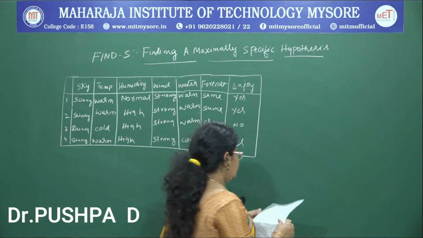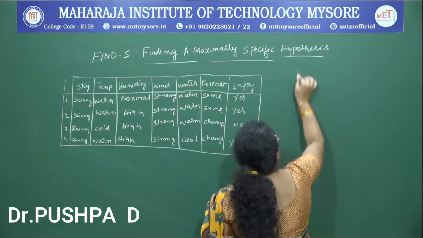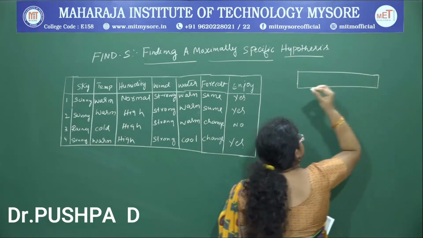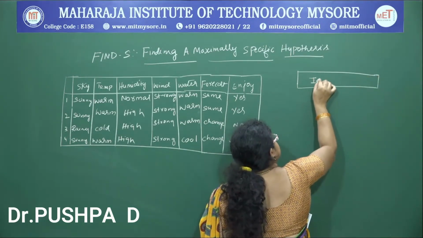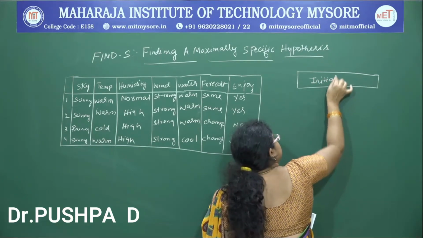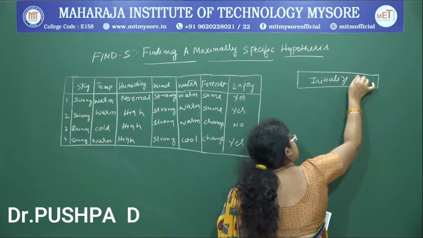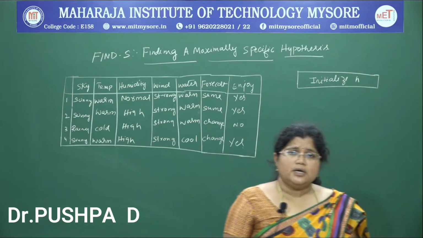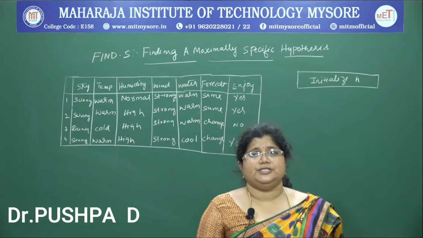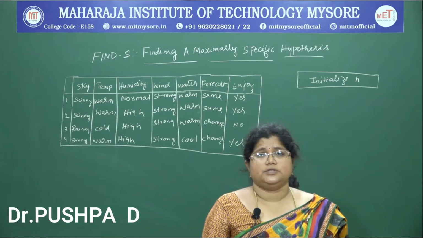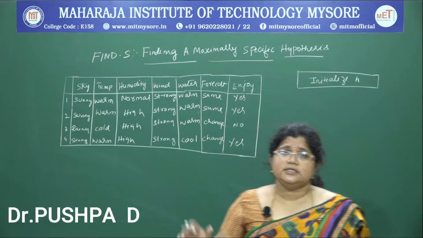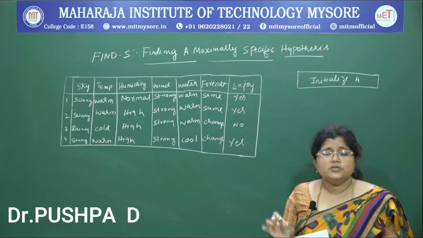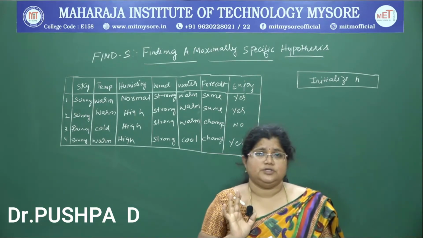The first step of the Find-S algorithm is to initialize H, that is, the hypothesis. Initialize the hypothesis with the most specific hypothesis.